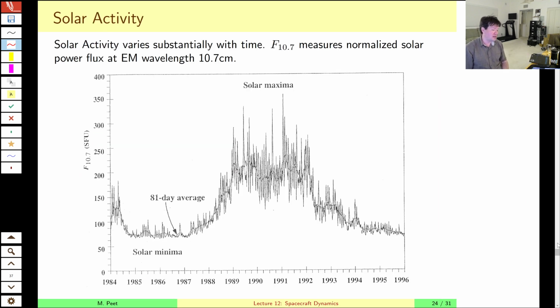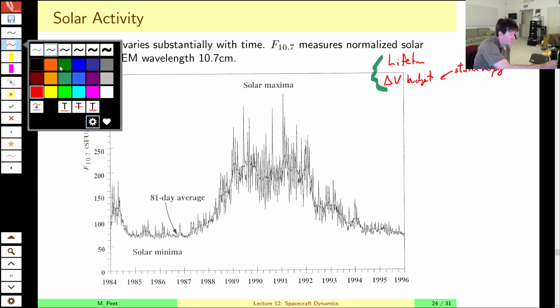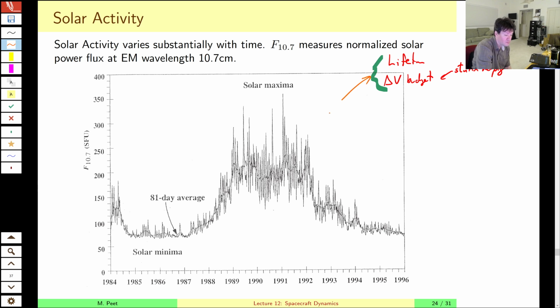So okay, I've said that lifetime and delta V budget depend on solar maximum. Right. These both depend on solar activity.